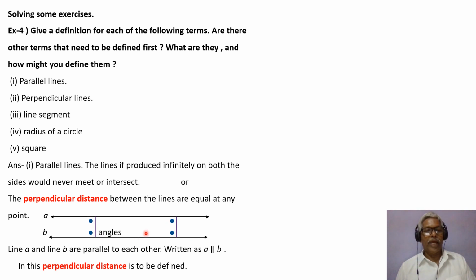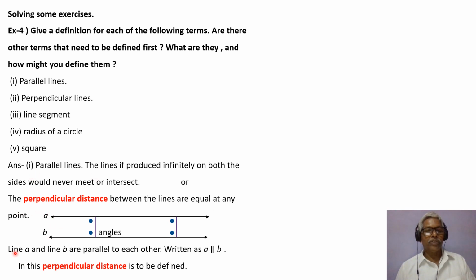At any point, if you find it like this, the distance, or this line segment, will be equal. That means if these lines are produced, they will again never meet. That is the definition of parallel lines given here.